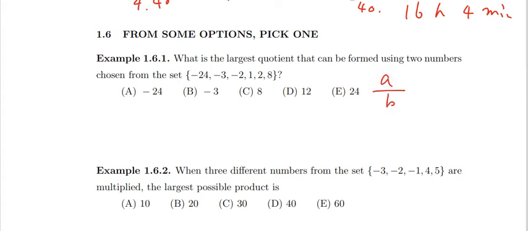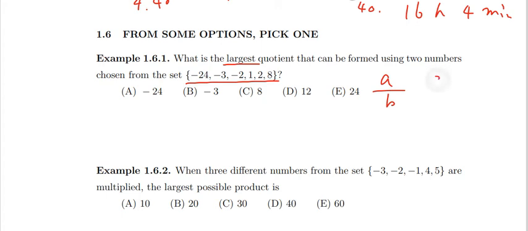Both A and B come from that set. We want to make this as large as possible, so we keep A largest and B smallest.